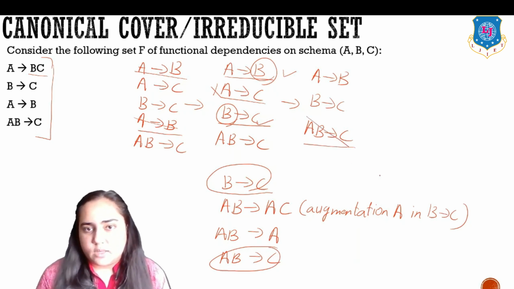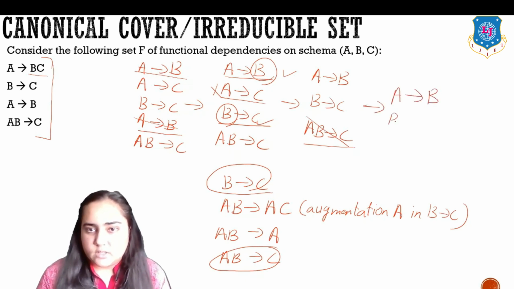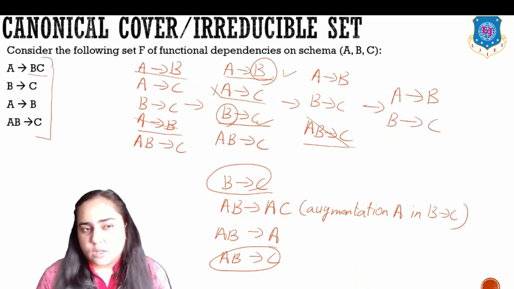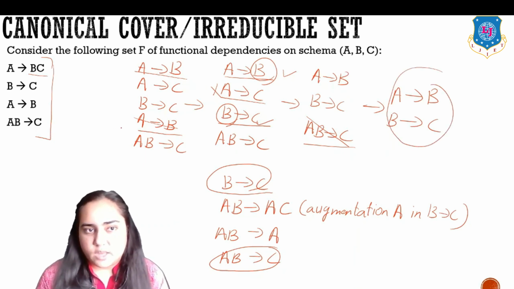So this one is also not necessary, which reduces my set and makes it A determines B and A determines C. So you see, now you understand what I was talking about. Using just these two dependencies, we can derive all the remaining ones.